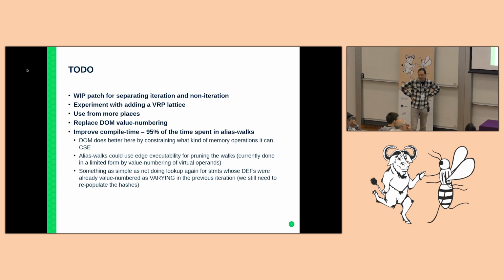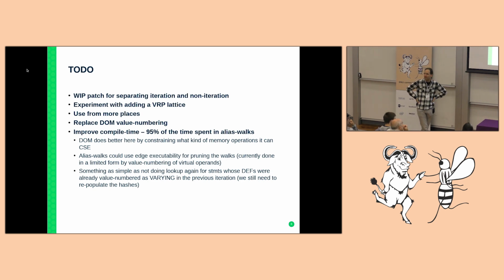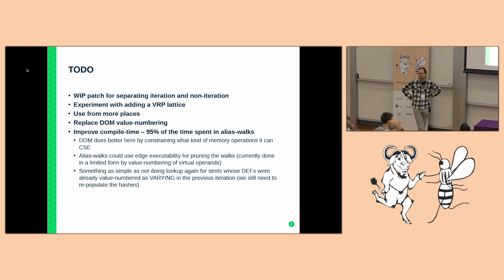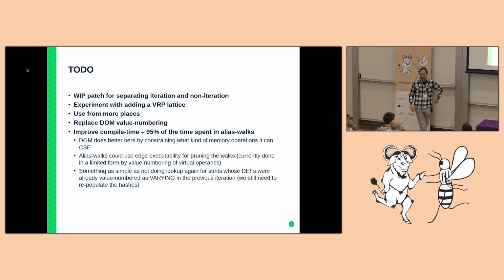I do want to get rid of the other value numbering we have. So I think Jeff split it out to the Gimple SSR scoped tables, which does basically expression hashing and expression comparing.